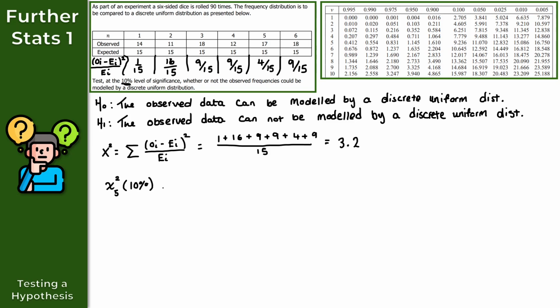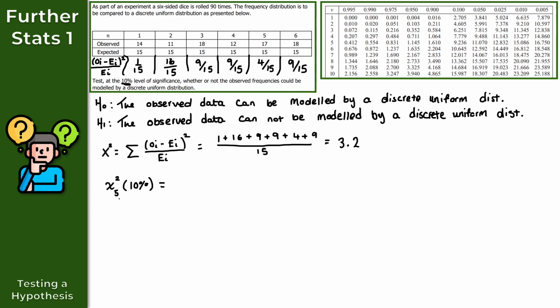To obtain the critical value, we need to refer to our formula book. If you have it to hand, that's great. If not, I have also snipped this excerpt of the formula book, so feel free to use this if you don't have one to hand. This V here, it's not a V, this is the Greek letter nu, and that tells us how many degrees of freedom we have.